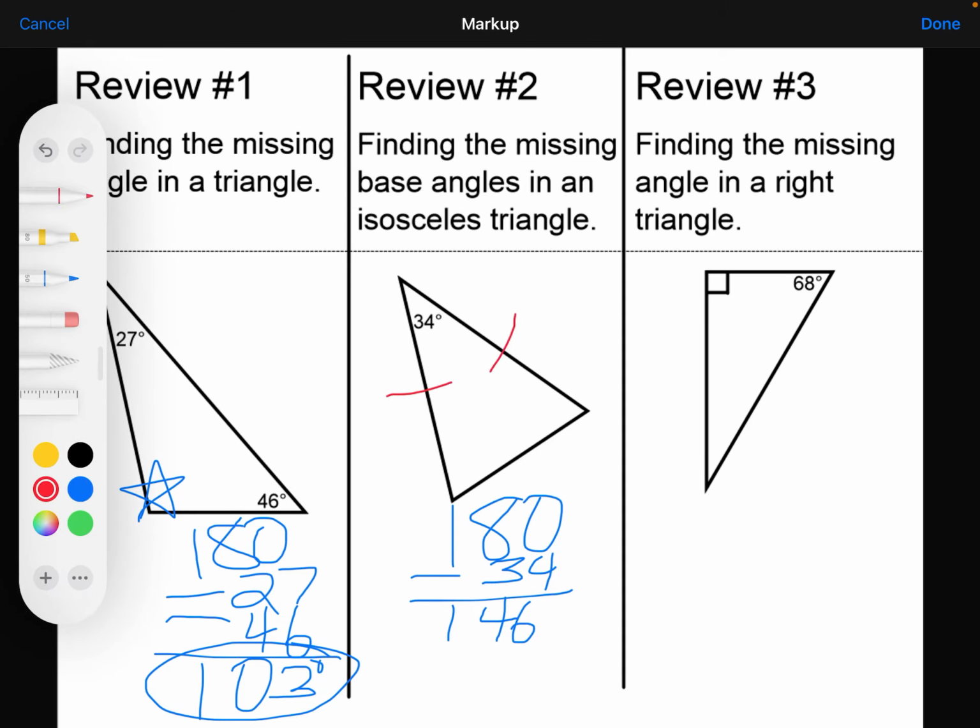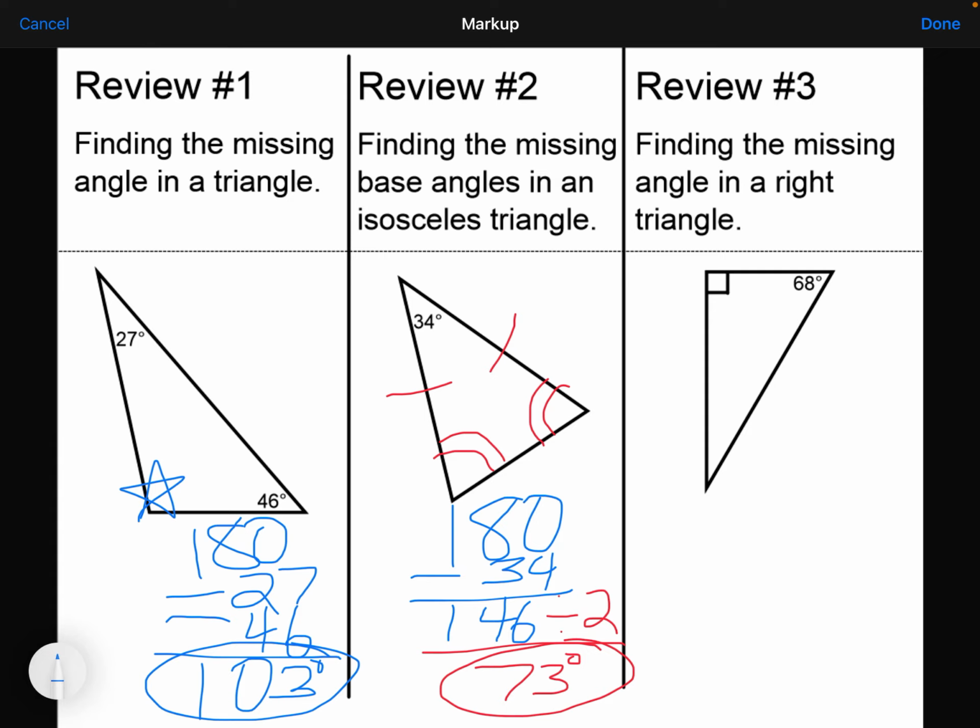For your first Ed puzzle question here, how do you find the missing angle in a right triangle? What makes sense to do? I'm going to pause here for just a moment and let you guys choose an answer. And the answer is, again, start from 180, of course.